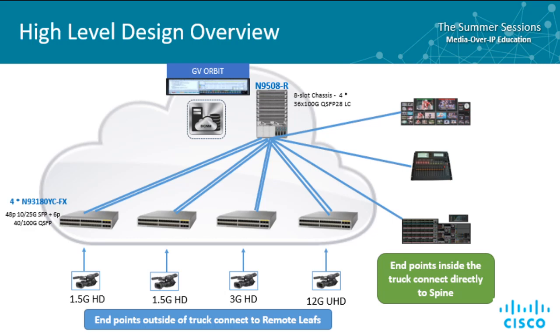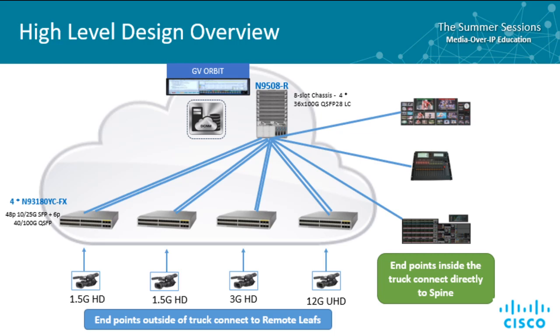So let's look at the slide. On this slide, as well as the next few slides, we'll look at the high-level design of the architecture, and also deep dive into some of the key requirements and how Cisco's IP Fabric for Media solution addressed those. Okay. So as you can see on this slide, the customer wanted a scalable and flexible architecture.